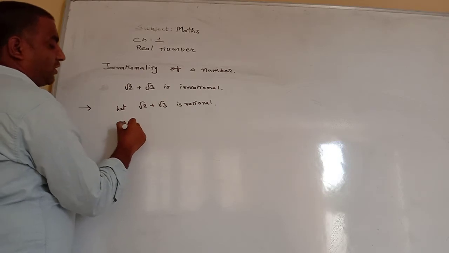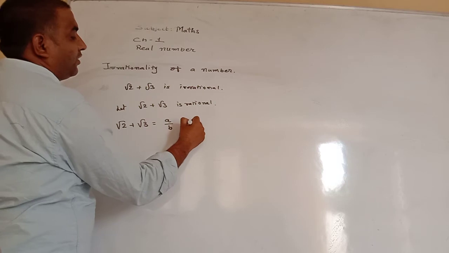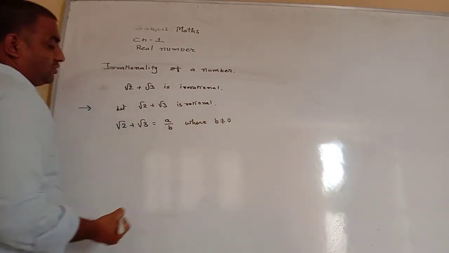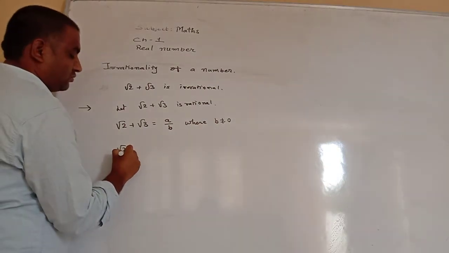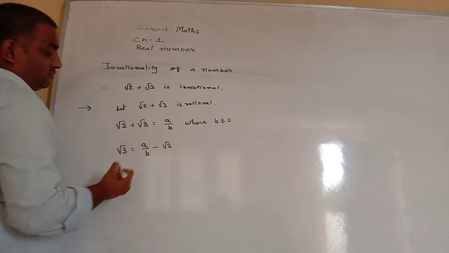So we can write that root 2 plus root 3 equals a by b, where b not equal to 0. So root 3 equals a by b minus root 2.